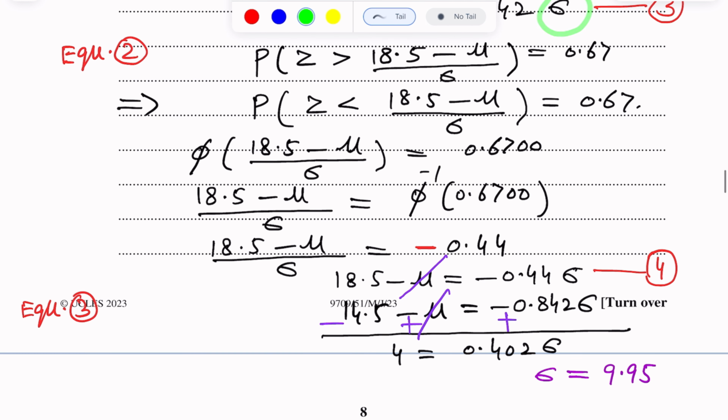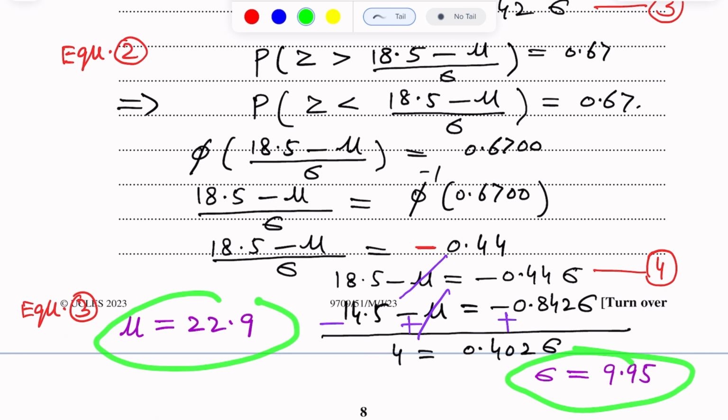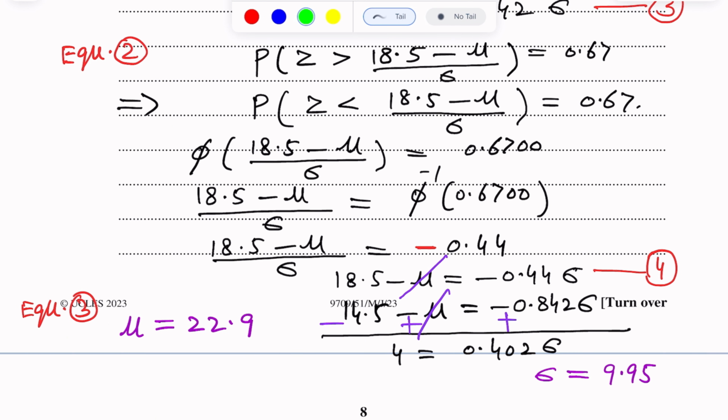Here we get the value of mu will be 22.9. These are the values of sigma and mu correct to three significant figures.